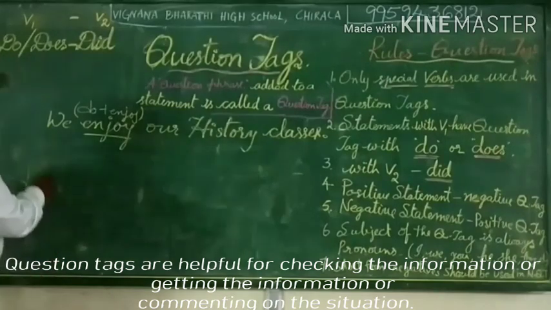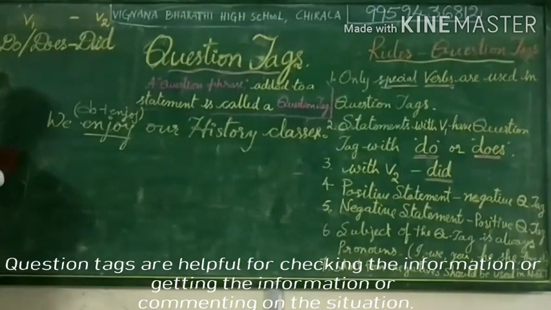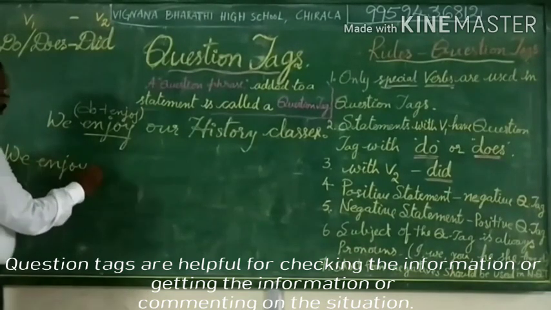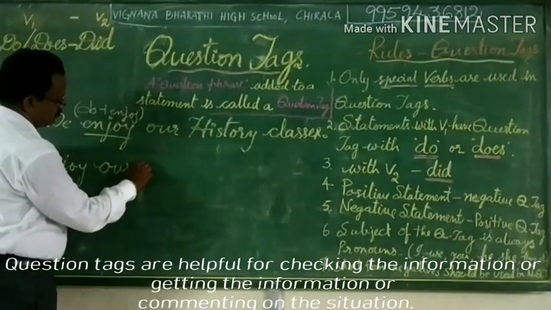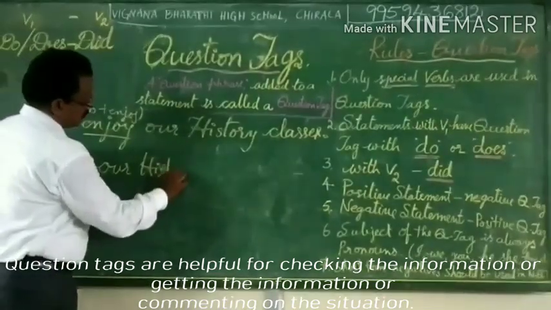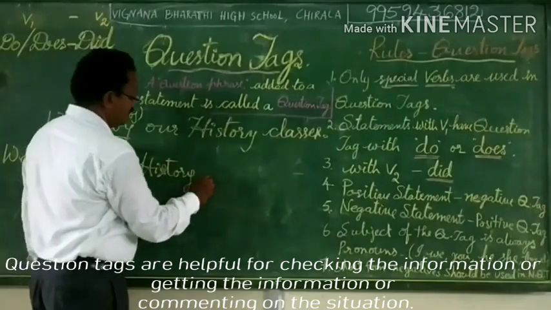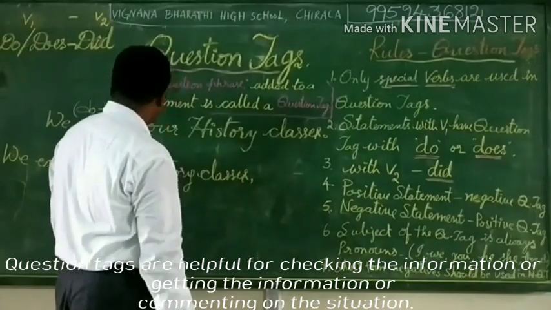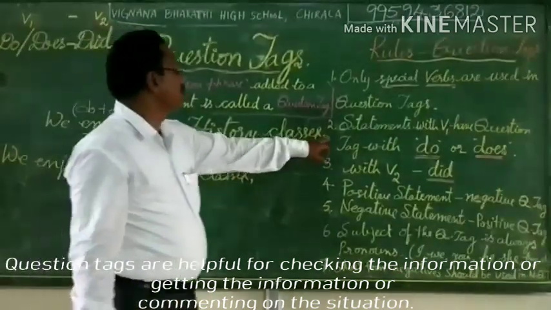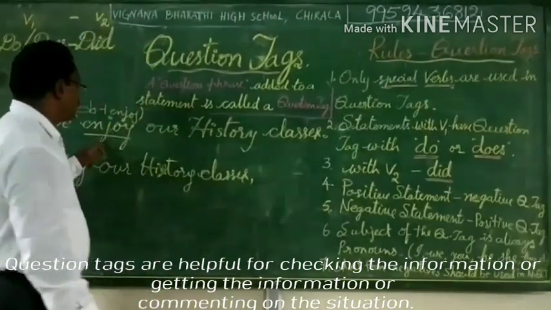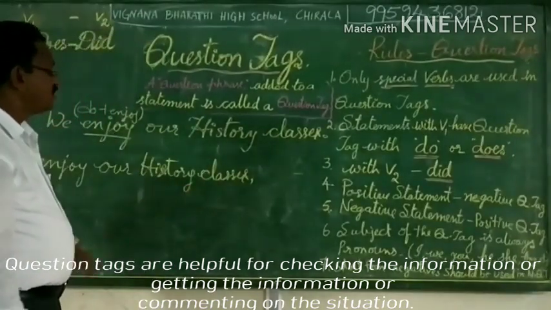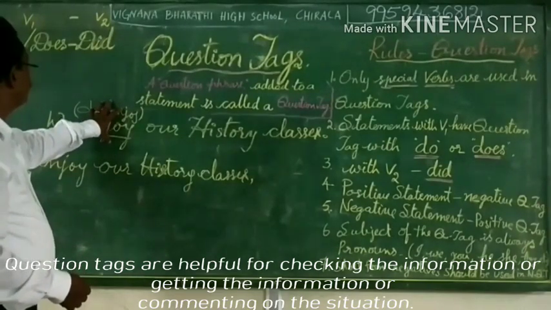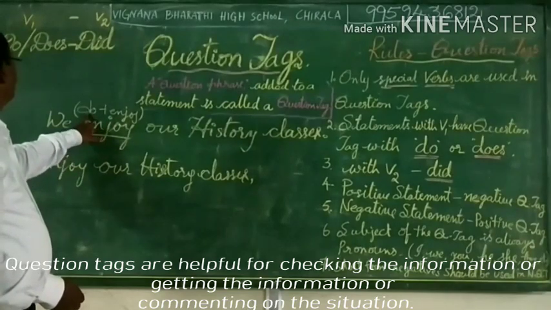That is why we write: we enjoy our history classes, comma. After the sentence we do not keep a full stop here, but a comma. The sentence is positive, that is why we frame a negative question tag. Enjoy is in do form, so do.